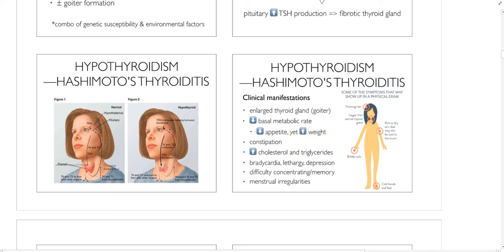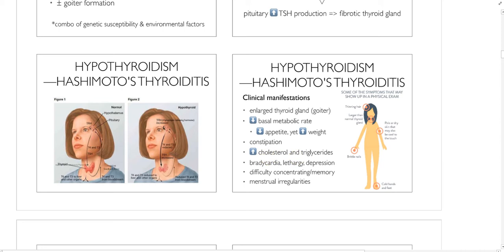And because T3, T4 promote increases in metabolic processes, with a lack of them, we're going to have constipation from a decrease in GI motility. So not having enough T3, T4 will cause constipation.